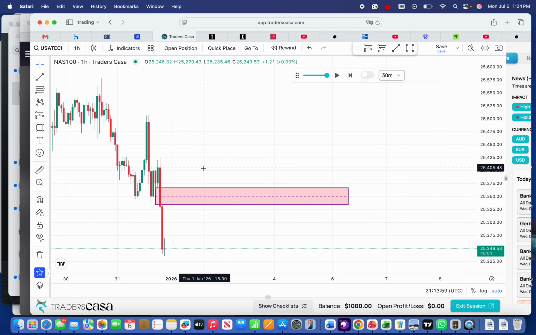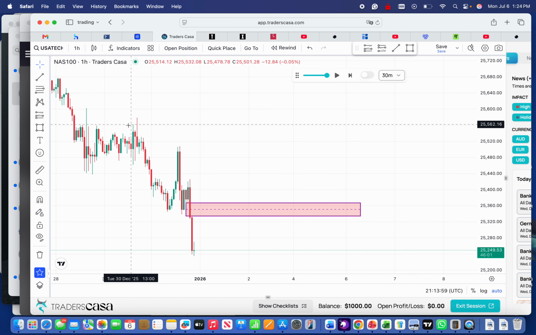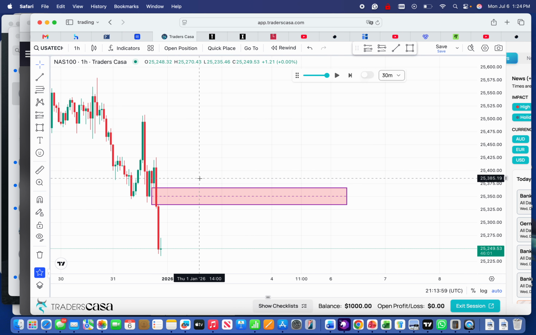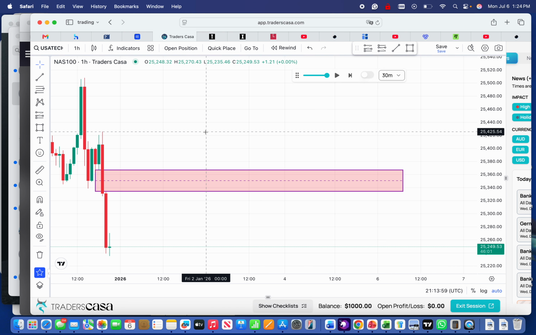It is resting buy or sell orders over a high or a low. So liquidity could be up here or behind this low right here. It is resting orders above or below a high or a low. So yes, that's what liquidity is.